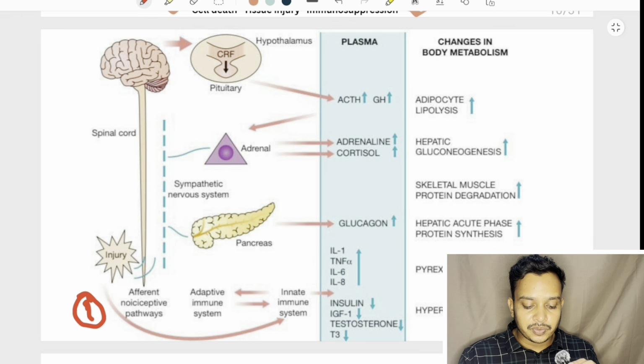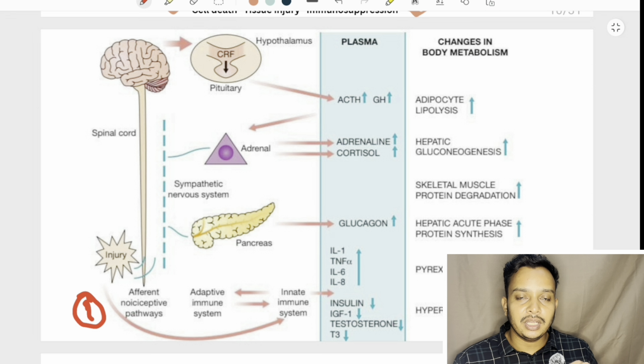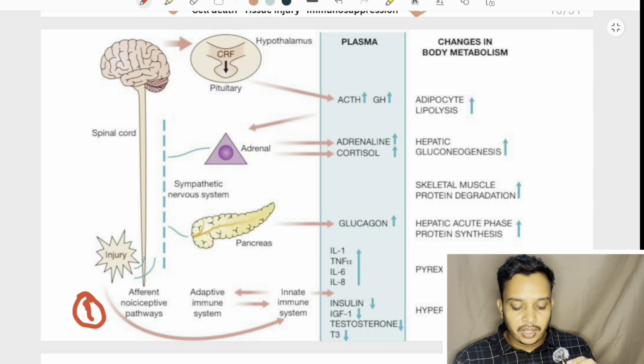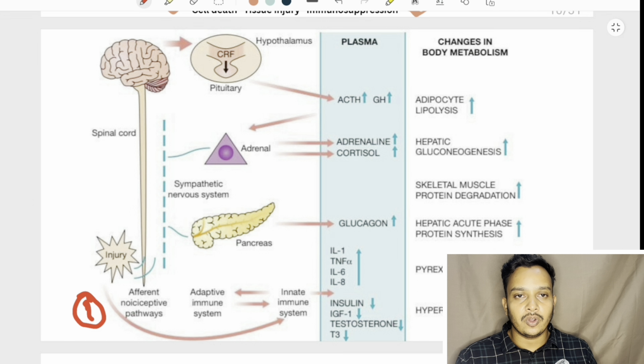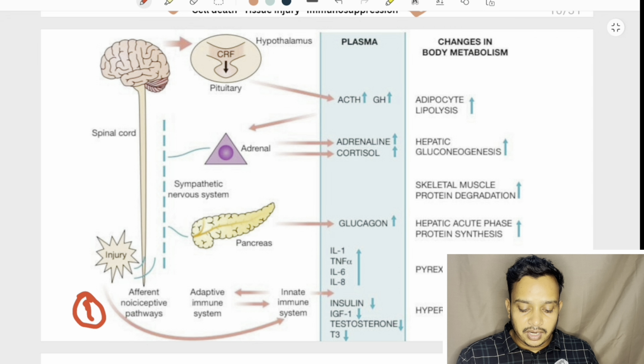The hypothalamus will release ACTH and also growth hormones. ACTH will go and act on the adrenal glands. So it will release catecholamines, predominantly adrenaline, and also cortisol. So basically adrenaline and cortisol levels will increase.